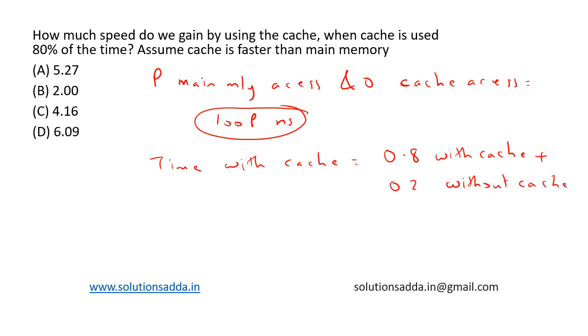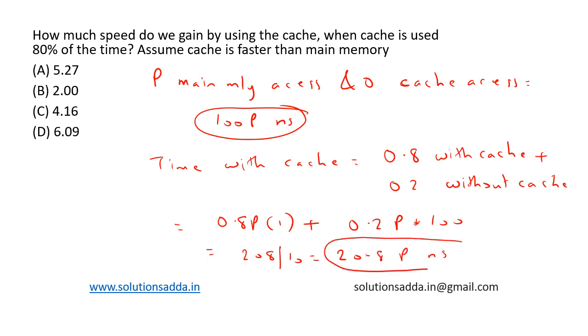So we can say that this is equal to 0.8 times P into 1 plus 0.2 times P into 100. This is equal to 208 by 10, which is equal to 20.8 P nanoseconds. This is the other formula.